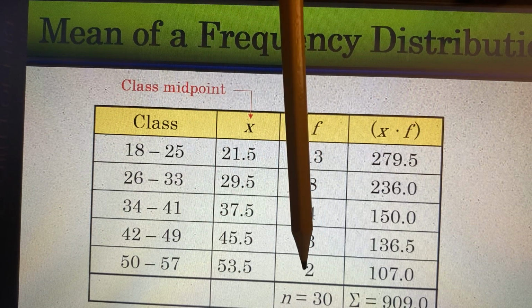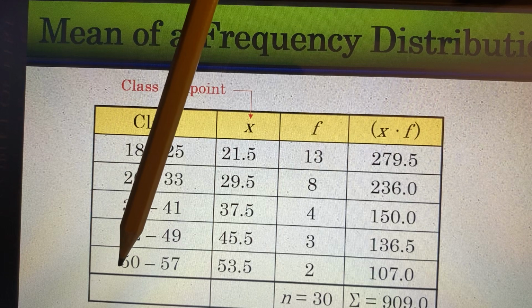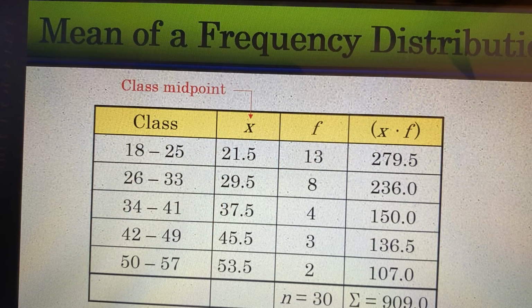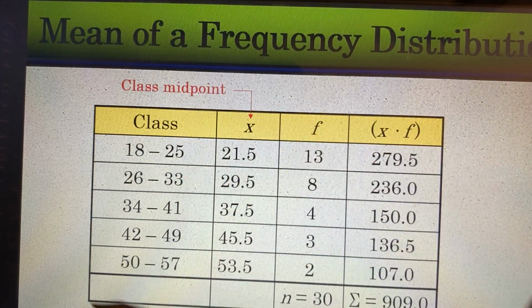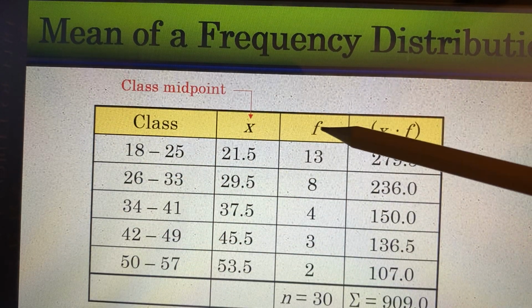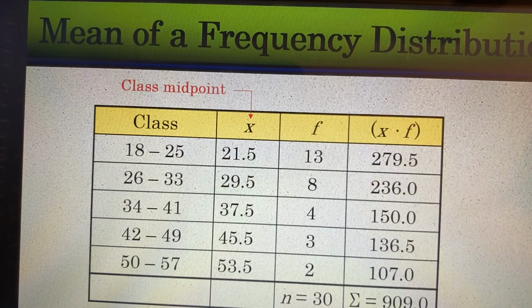And 2 people had an age that ranged from 50 to 57. Okay, so the classes would be given, and the frequencies would be given as well.